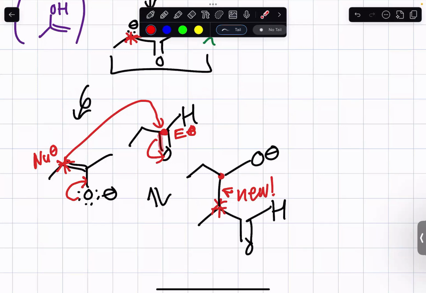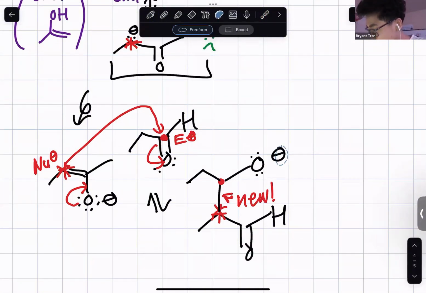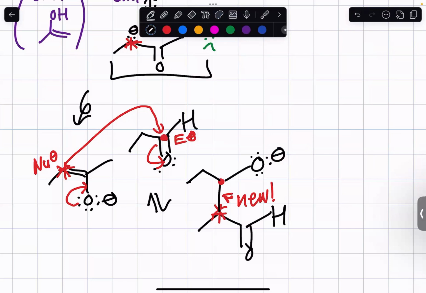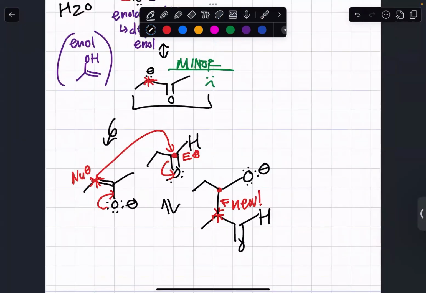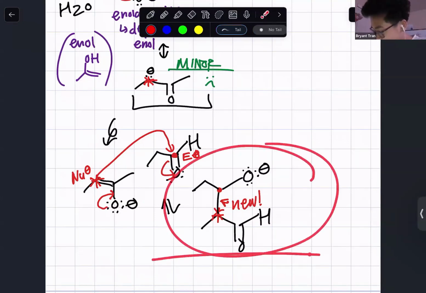Before it had 2 pairs of electrons, but now it has 3 pairs of electrons. It gained another pair from this bond right here, the 2 electrons of that bond popping onto that oxygen, making it negatively charged. Does it make sense so far on how we got this structure here?